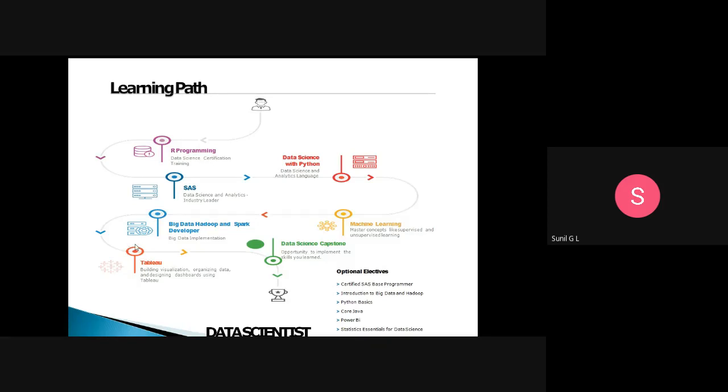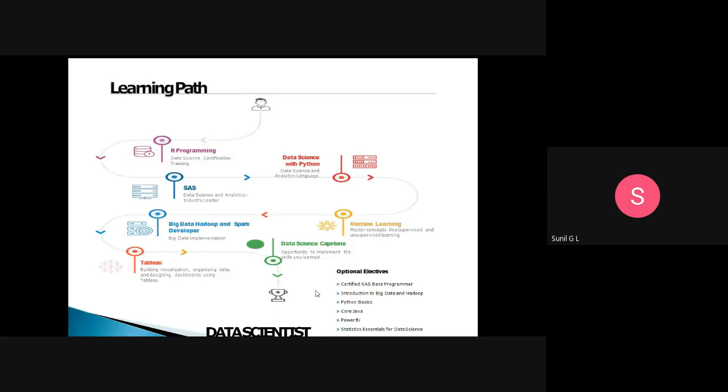Tableau is a representation tool. After studying Tableau, if you do some projects, we call them capstone projects, some real-world projects, then you will become a data scientist. This is the learning path we have for a data scientist.